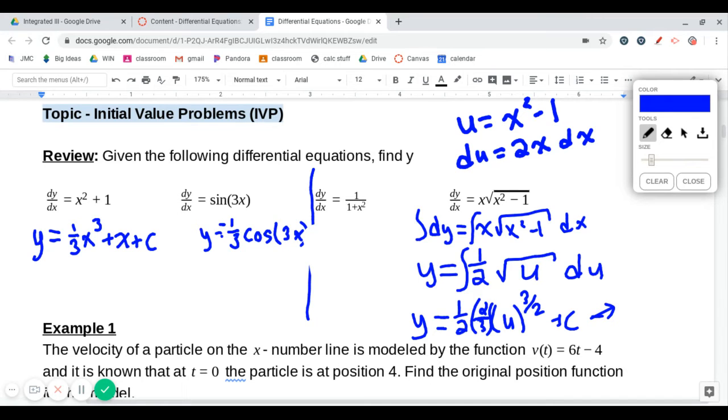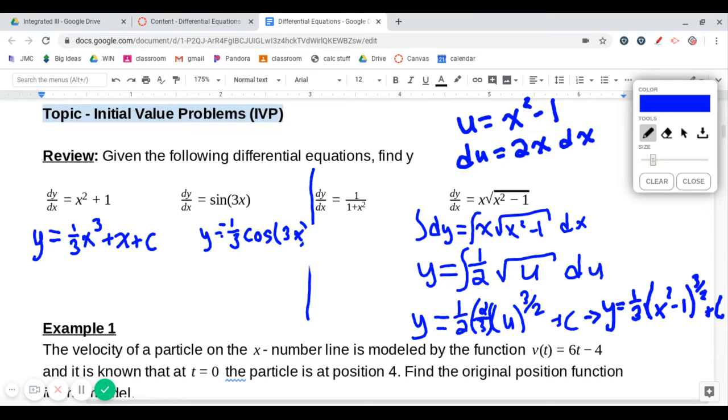This is y equals 1/2 times 2/3 is 1/3 times x squared minus 1 to the 3/2 plus c.